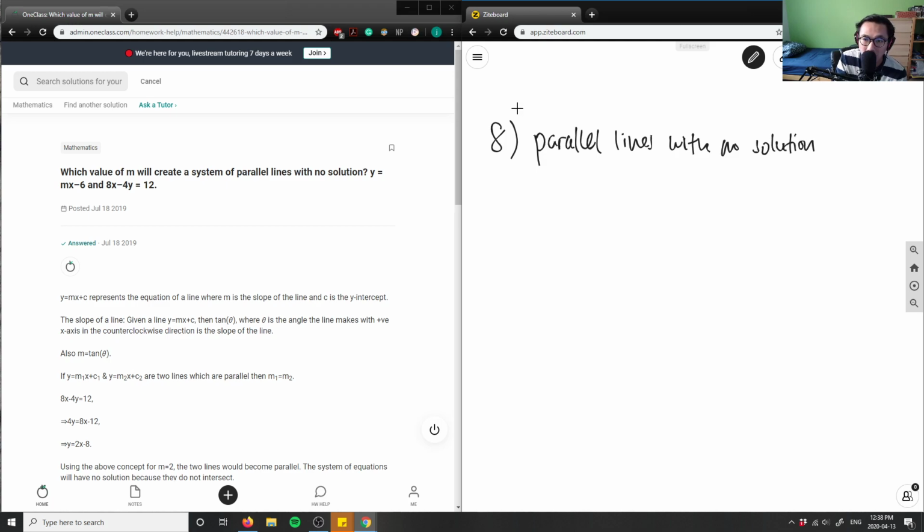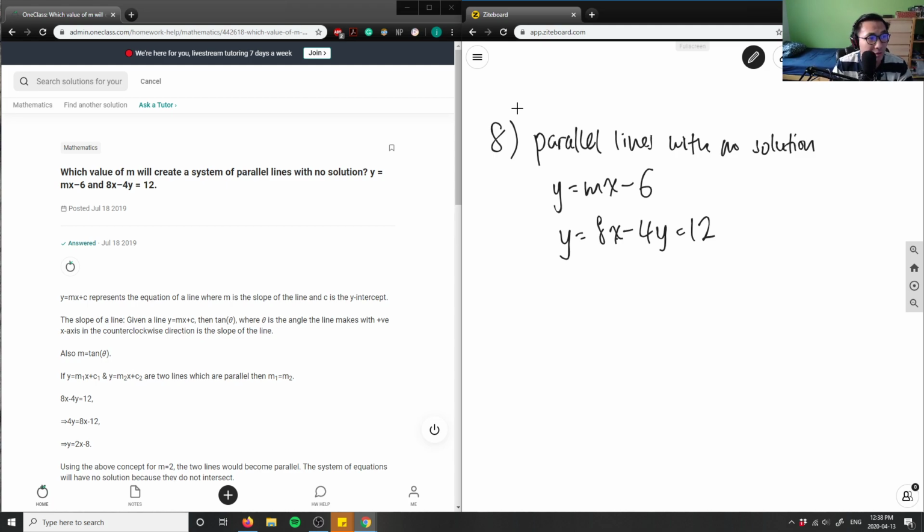And I'm given here y equals mx minus 6, and 8x minus 4y equals 12. This looked like a b, but it's actually a 6. Let me erase this. Yeah, mx minus 6, and 8x minus 4y equals 12.